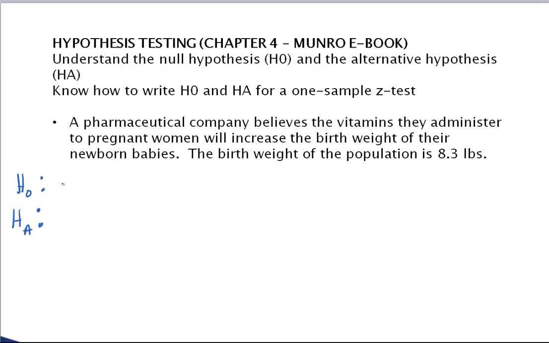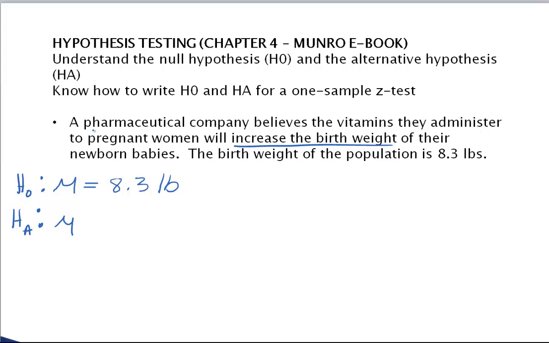So this would just mean that the birth weight of the population is 8.3 pounds, and it's going to equal that. There's no change with these vitamins administered. And then the alternative would mean that there is a change. So this is saying increase the birth weight.